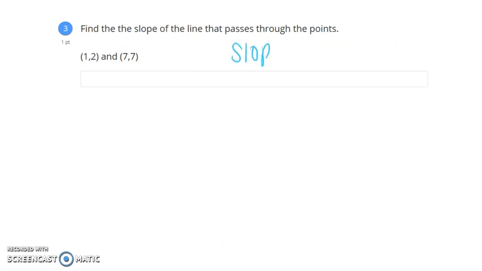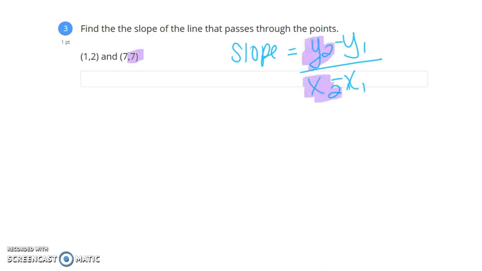So the formula that you need to know here to find the slope of the line that passes through these 2 points is y2 minus y1 over x2 minus x1. So your second values, so y2 and x2, are going to be these purple guys over here.